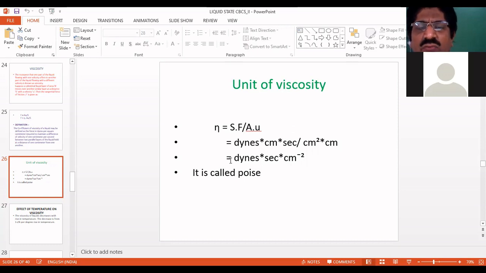And this is equal to dynes into seconds per centimeter square. This is what we call the unit for viscosity, but the unit is expressed in terms of poise. This is called poise.